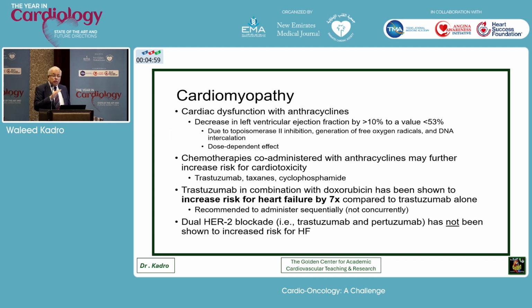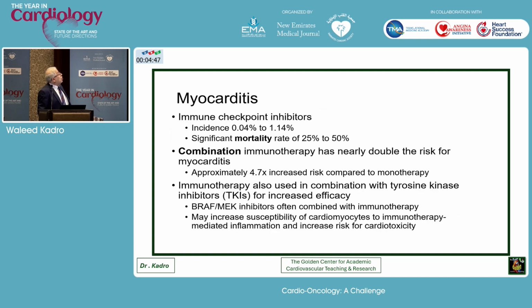So we will not hold this medication unless there is at least moderate to severe symptomatic heart failure. However, if it's mild to moderate heart failure, and especially if it's asymptomatic, we may continue this medication.